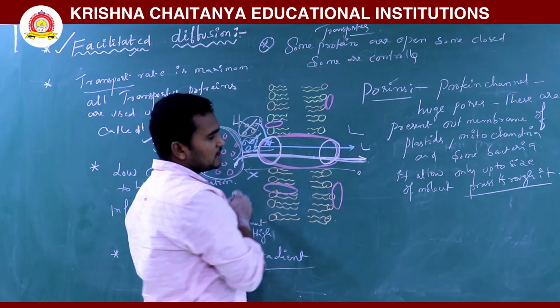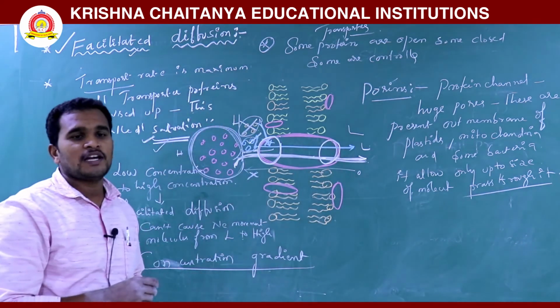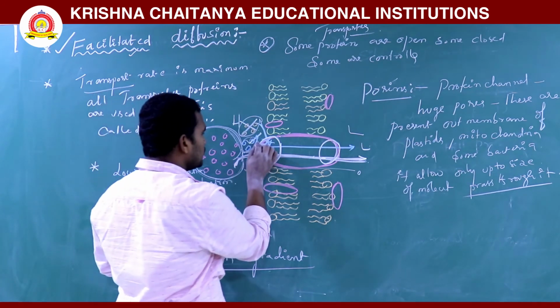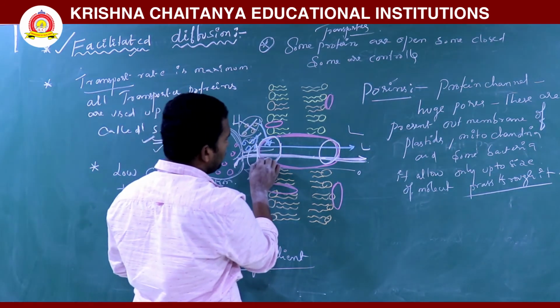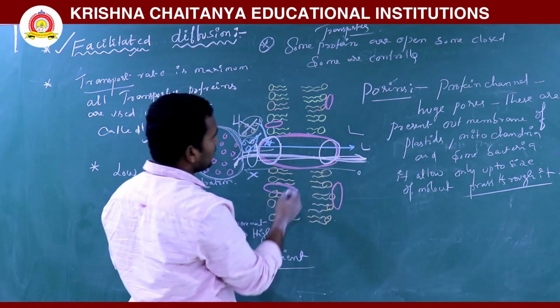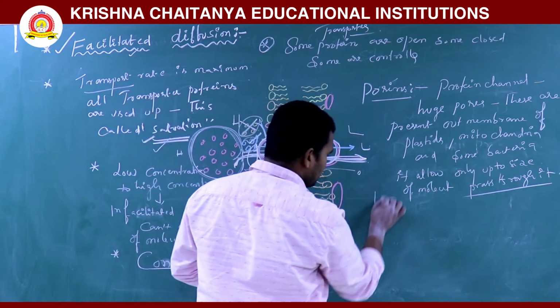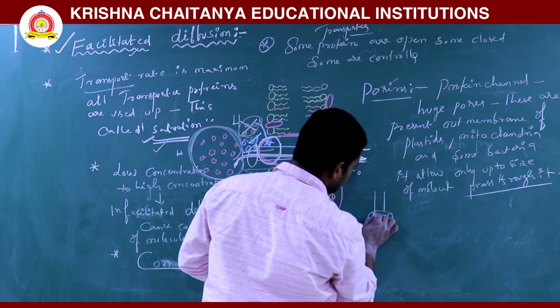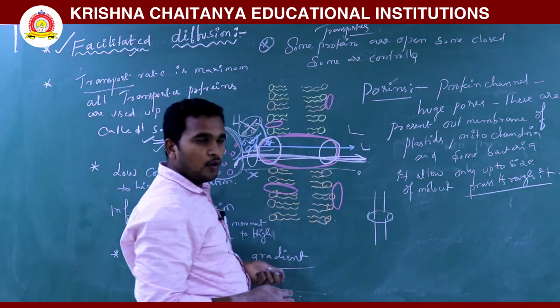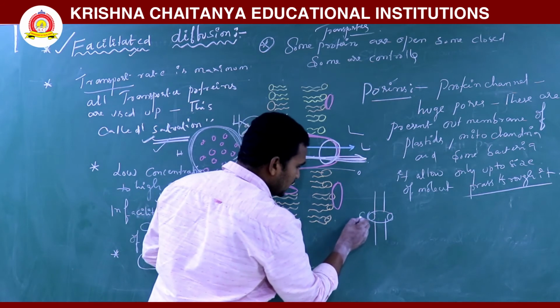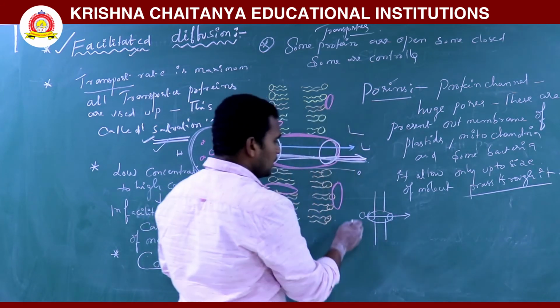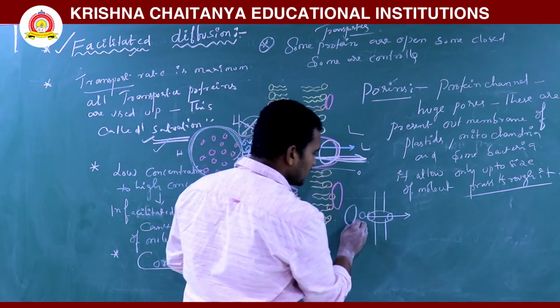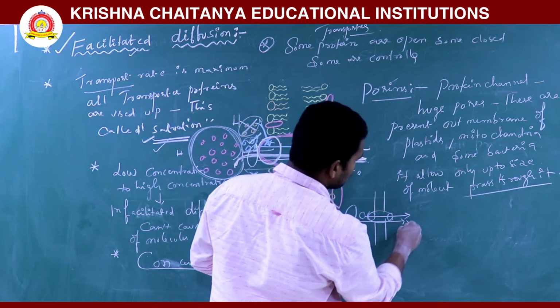This porin allows molecules up to a certain size to pass. See, this is the membrane, and this is the protein channel pores, holes. Molecules up to this size are passing, but larger molecules cannot pass through it.